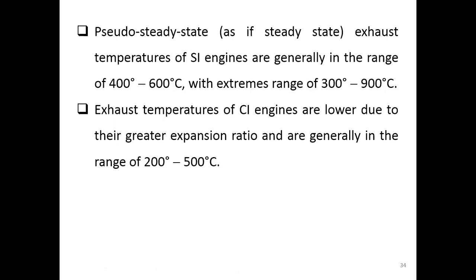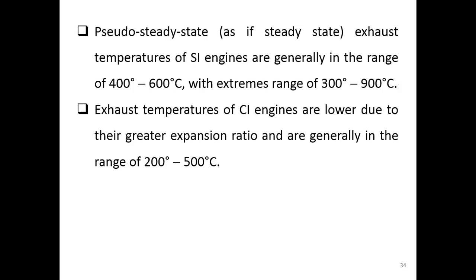You can look at it as a pseudo steady state. The word pseudo means as if, right? As if steady state. Because our cycle is working so fast, in and out, even though it is intermittent, it's as if steady state.